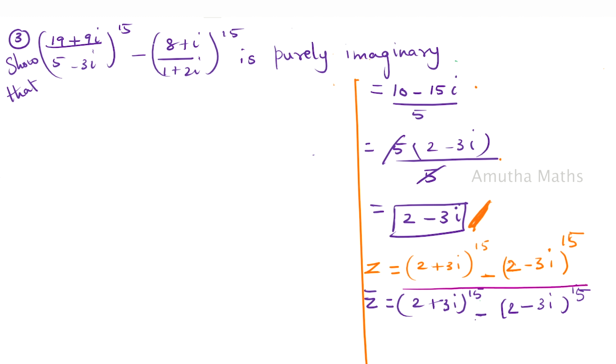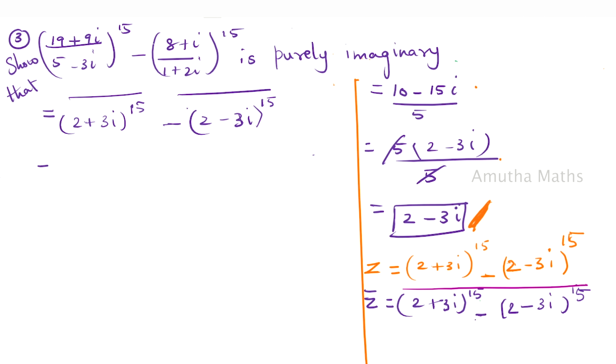Okay. So that is equal to 2 plus 3i, the whole power 15, whole bar, minus 2 minus 3i, the whole power 15, the whole bar.